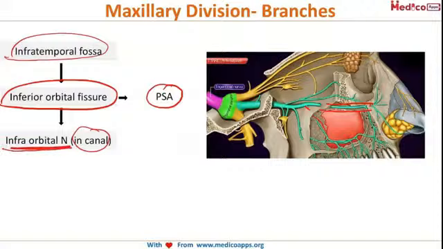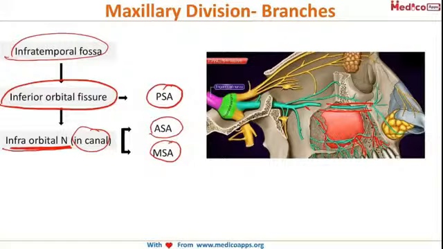Okay, now this nerve gives out two more branches called as anterior superior alveolar and the middle superior alveolar branches. Okay, so here we have this nerve giving out anterior superior alveolar branch and the middle superior alveolar branch here. And this, as we learned, was a posterior superior alveolar branch.